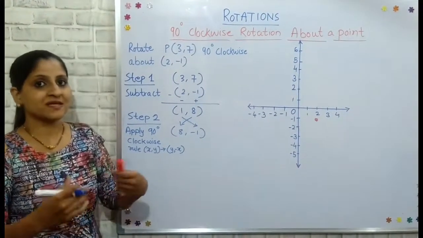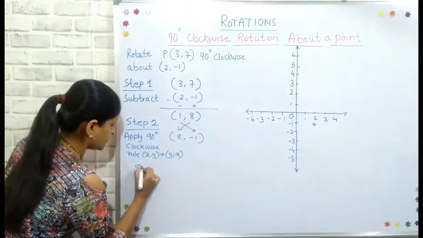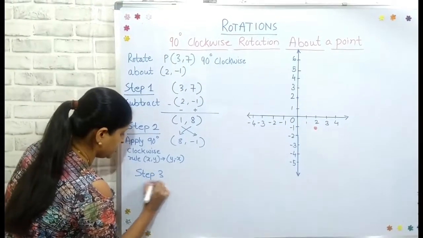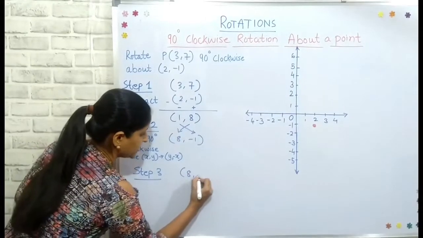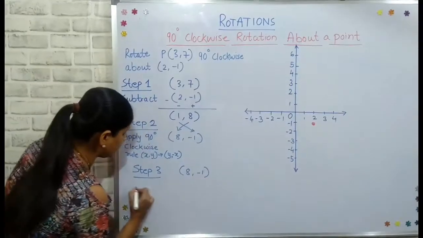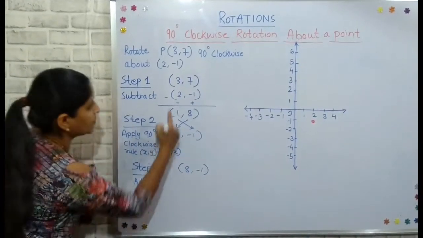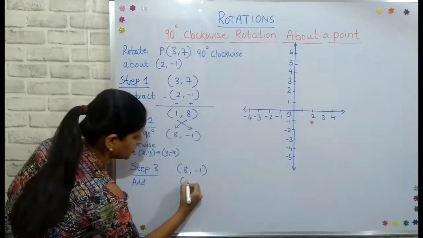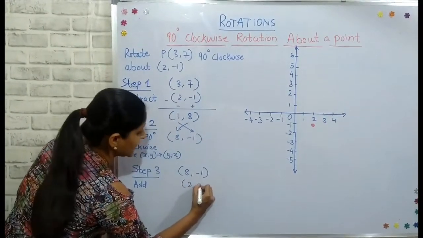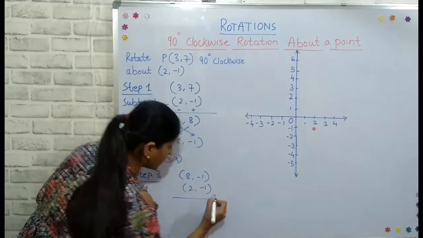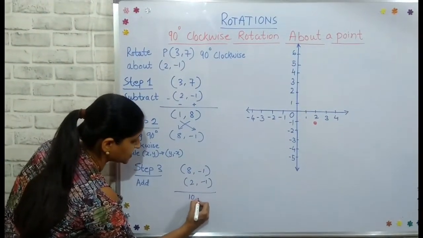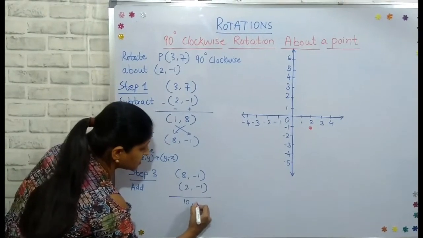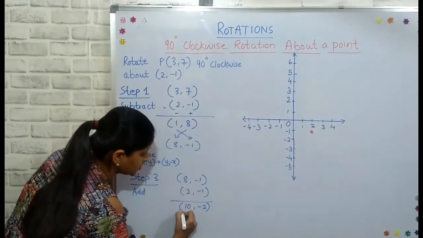Now comes step 3. What do we have to do in step 3? The point that we obtained over here, 8, -1, we have to add back the given point which we had subtracted. So now we will add 2, -1 to it. When we add 8 plus 2, it is 10, and -1 -1 will become -2.